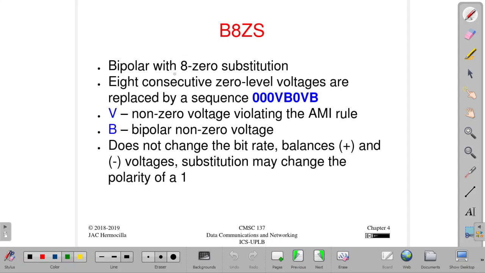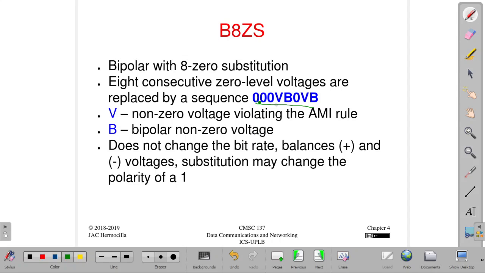In bipolar with 8-zero substitution, 8 consecutive zero-level voltages are replaced by a sequence of this bit pattern. Let's say the sender detects that it has to send a color black, and the color black is represented by all zeros, for example.